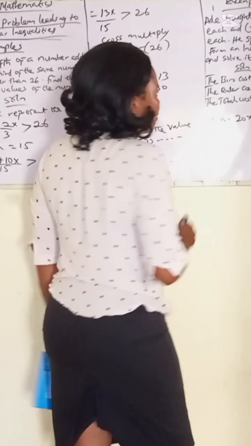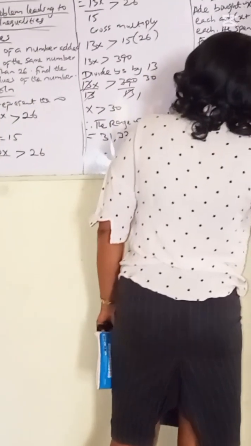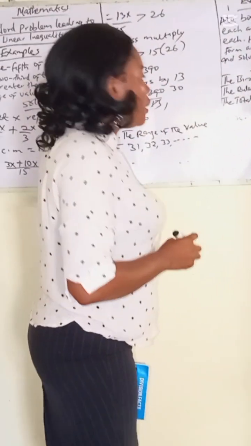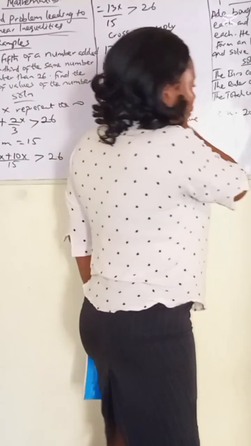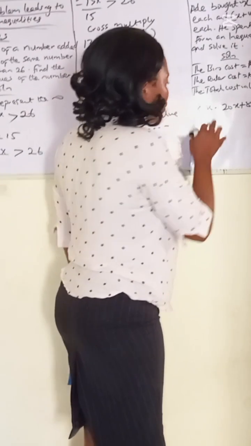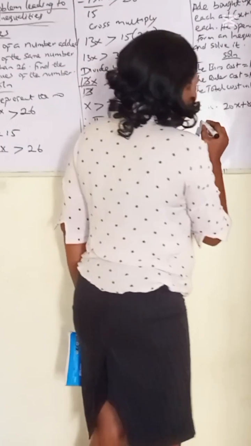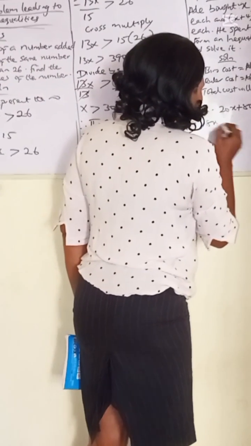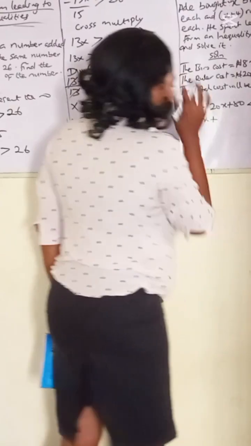So I'm going to put my inequality sign of less than 200 naira. Now that I've gotten to this stage, the next thing I'm going to do, these two have the same coefficient. We have x there, so I'm going to add it up. 8x plus 20x will give us 28x. Plus 80 is less than 200.